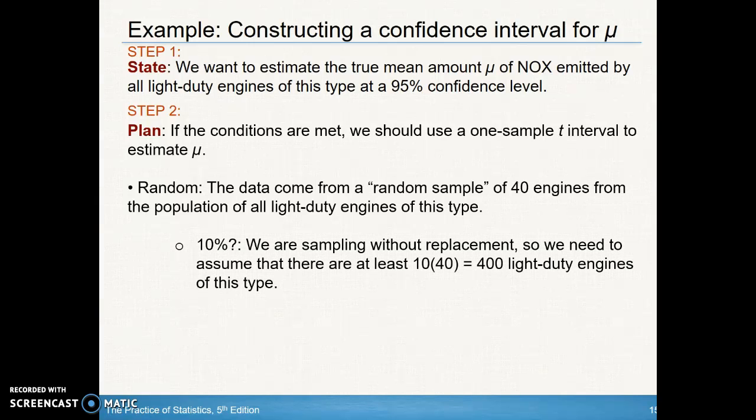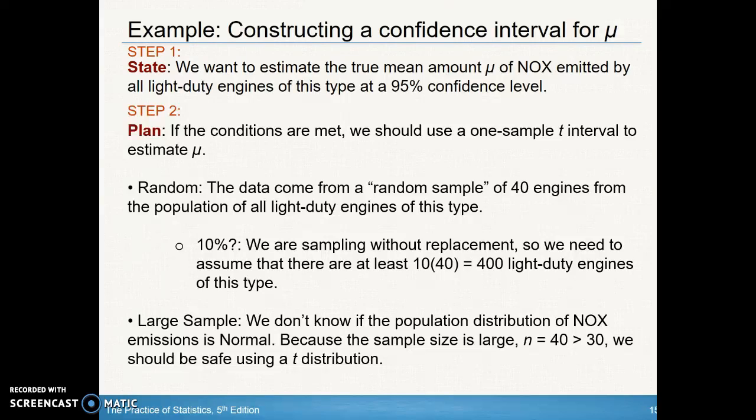We check the 10% rule, and we know that we had 40. Well, 40 would be 10% of 400. So I don't know about you, but I don't know if there are 400 different light-duty engines. So we just have to assume that there are, or otherwise they would tell us that there weren't.